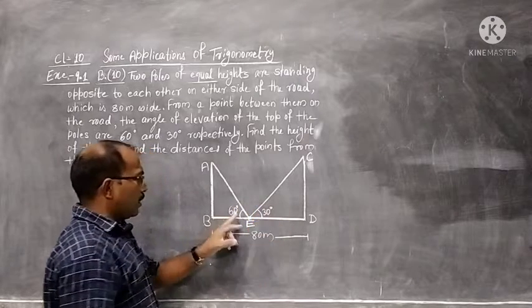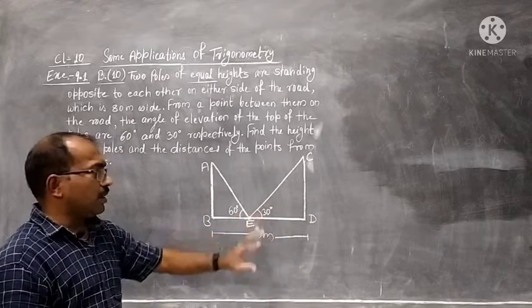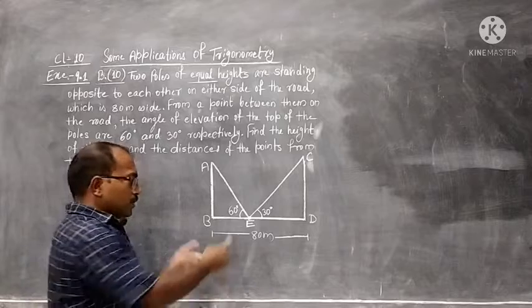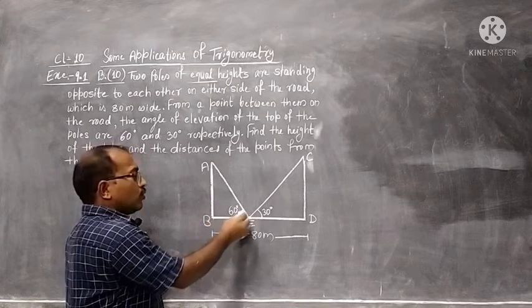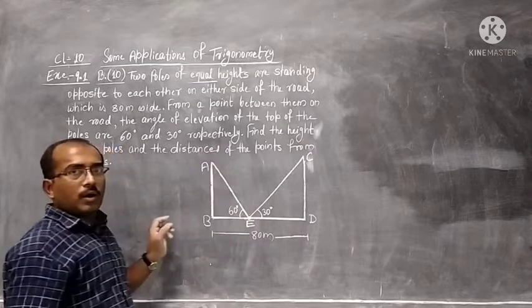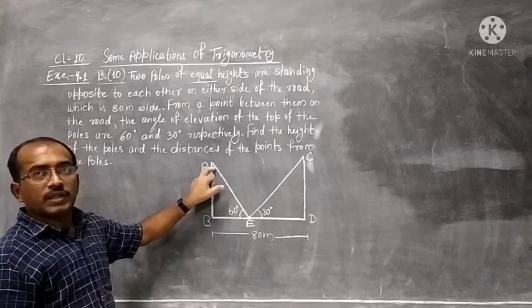Now why have we shown 30 here and 60 there? Because this point is closer to this pole. So automatically when we look at the top of a closer object, our eyes will rise more above. So the angle is 60 degrees.